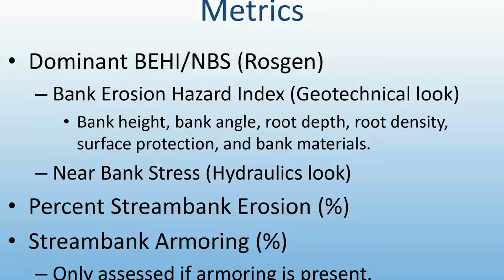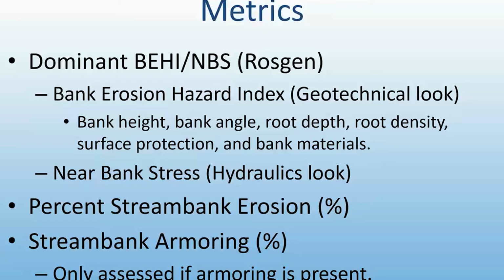So we're going to measure bank height, measure bank angle, measure root depth if visible, estimate root density, estimate surface protection, and take a look at the bank materials. And based on all of that, we would get an answer that could range from very low to extreme.